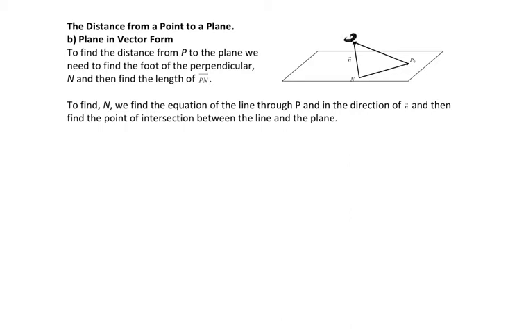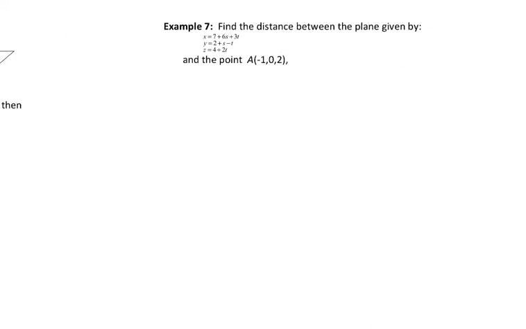So if we have some point here, we need to make a line that goes through that point and is normal to the plane. We'll use the normal to the plane to create this line, and once we find the point where the line intersects the plane, then we'll find the total distance from here. So let's do it.